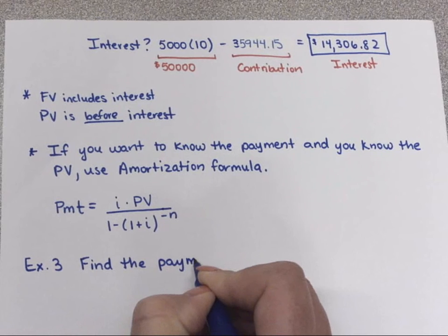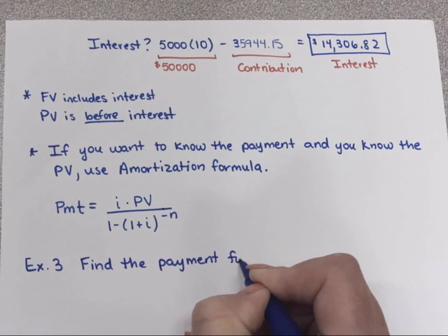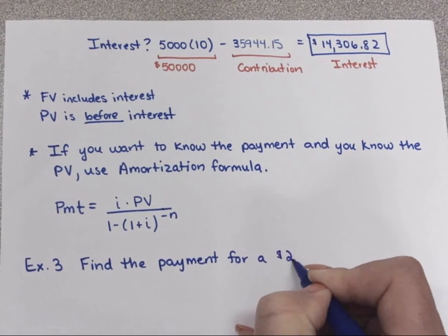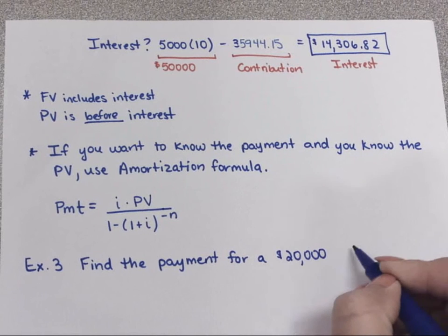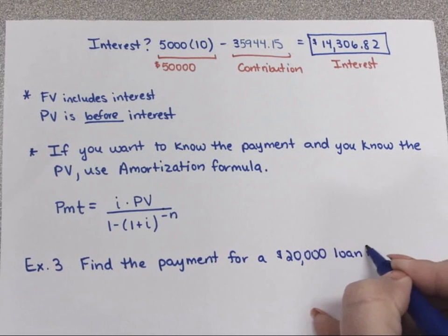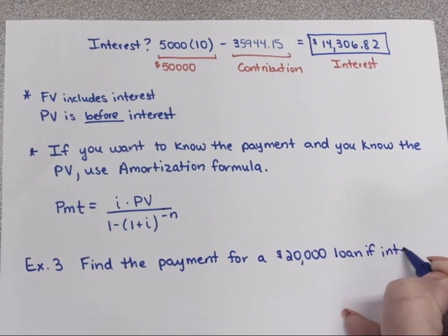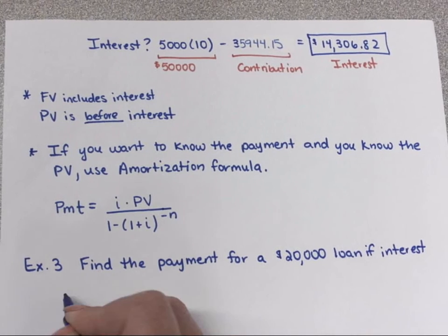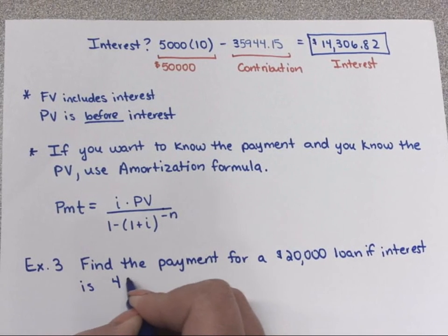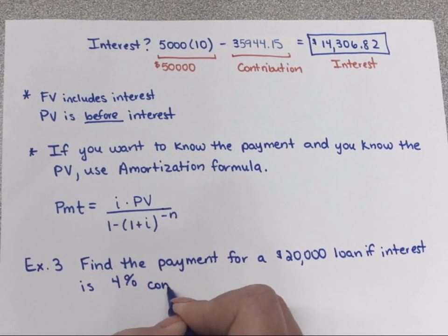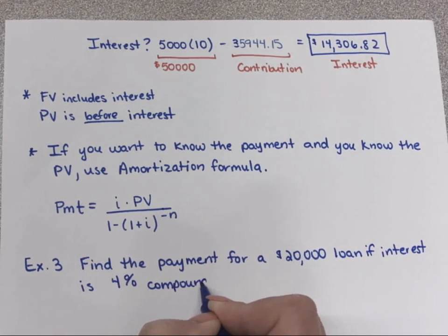So let's say I asked you to find the payment for a $20,000 loan. If interest is 4% compounded monthly for 6 years.